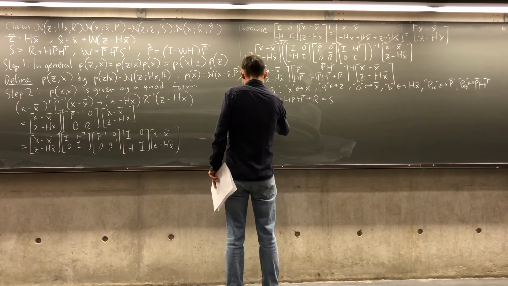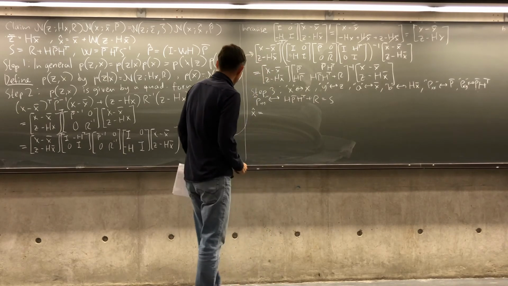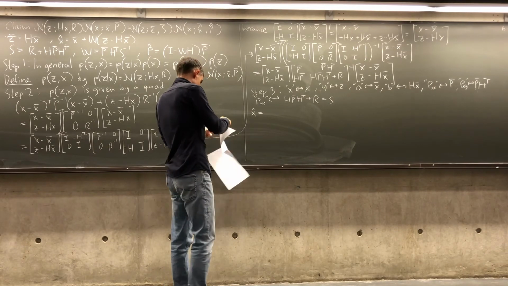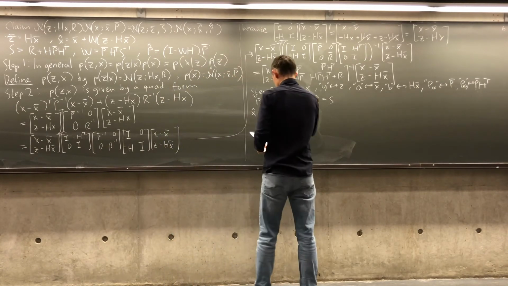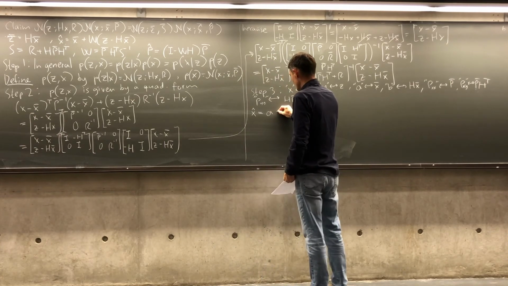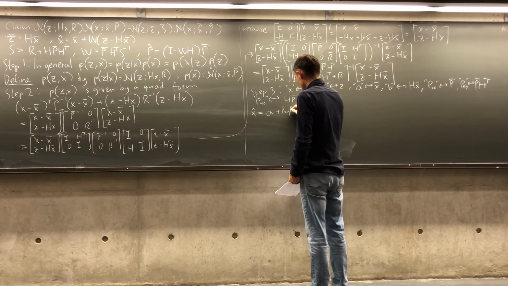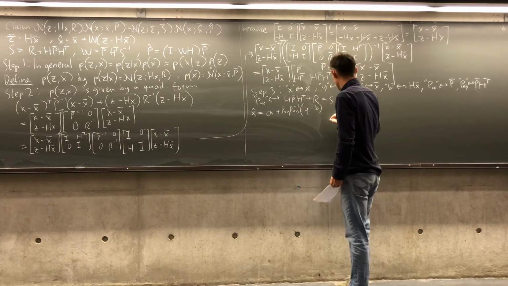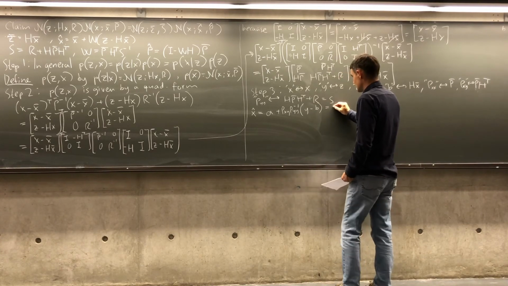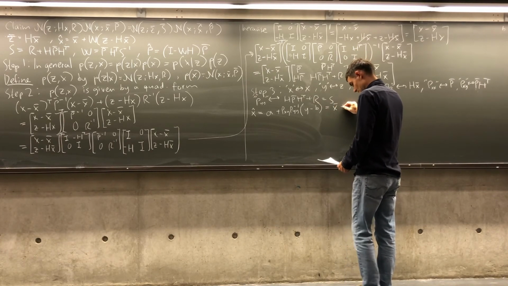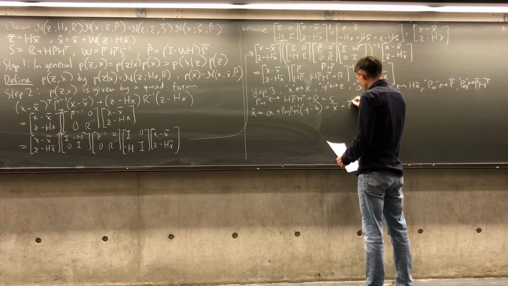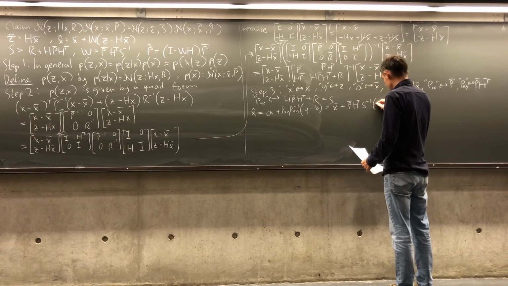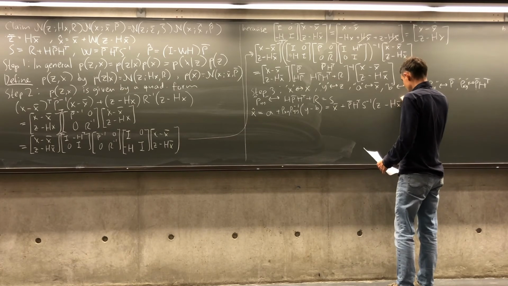So then x hat should be the expectation of what we have in the conditional. With those formulas, this should be the same as a plus Pxy, Pyy inverse, y minus b. And that is the same as x bar plus P bar H transpose, which is like S inverse, z minus H x bar.